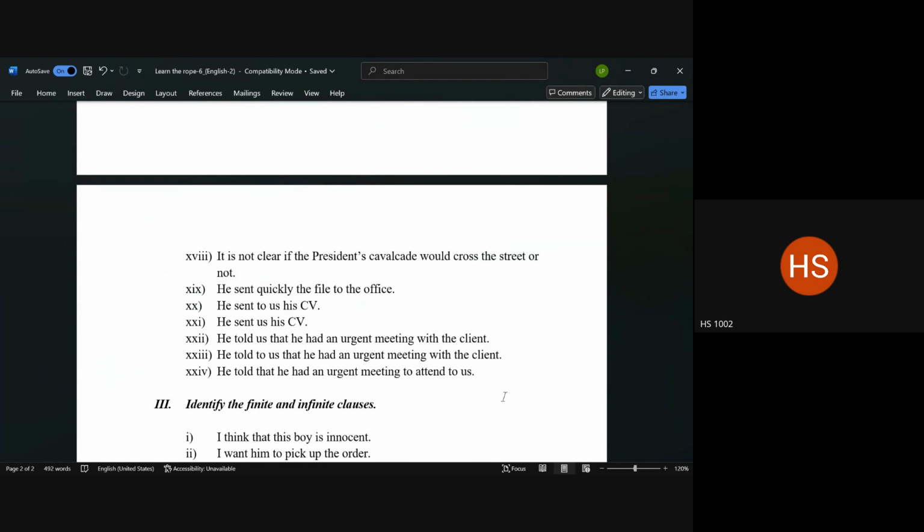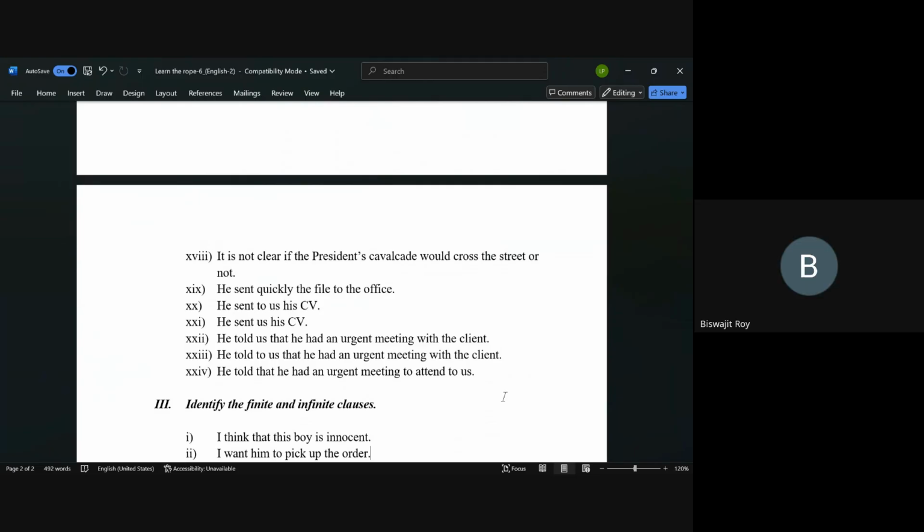So what is the direct object here? His CV is the direct object, and the indirect object is "to us".